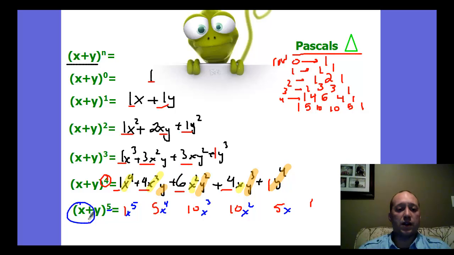And then do that again for the y's, no y, y to the 1st, y squared, y cubed, y to the 4th, and then y to the 5th. And then we can add those terms, and that would be the expansion. So I just use the pattern to actually find that expansion.